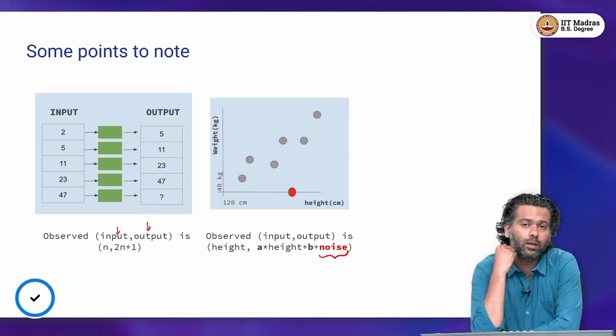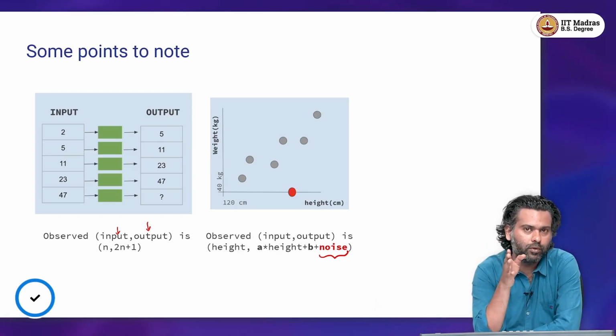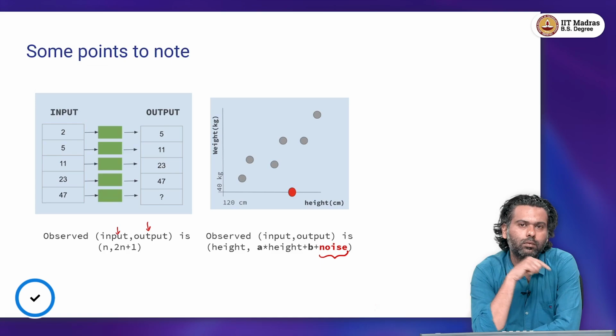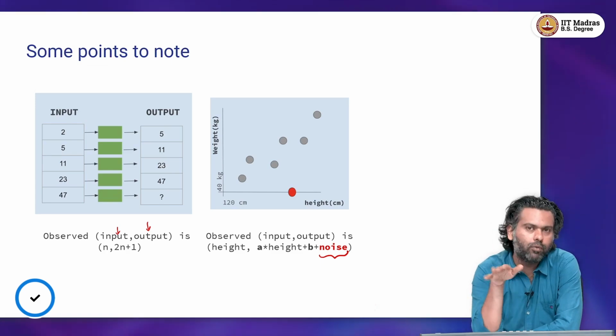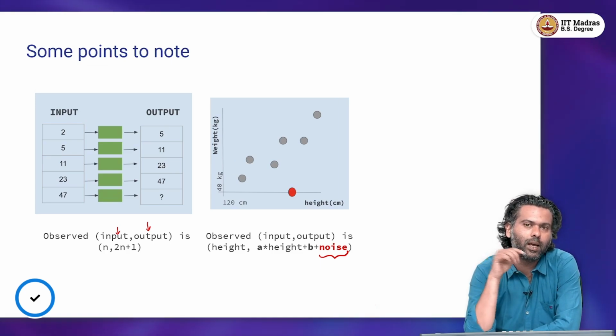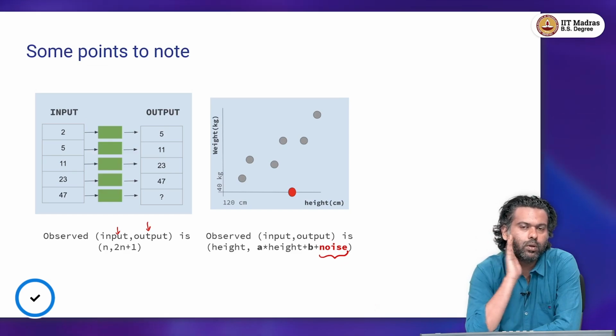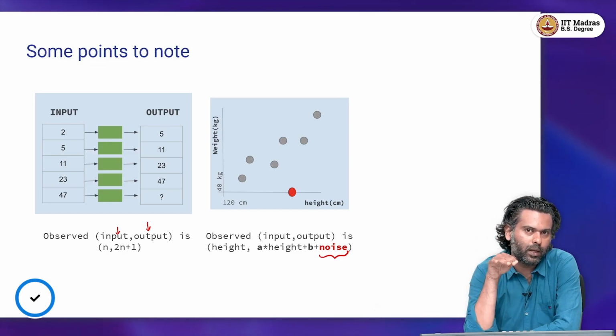And why should we care about that? Because noise is inevitable in real world data, right. So, if you collect the height and weight of 15 or 20 of your friends, and then try to plot it, and that is a great exercise for you to try out, it will not fall on a line. It will never fall on a line, right. It's going to be extremely rare that it falls on a line, because there are these individual small variations that will push it above a line or below a line.